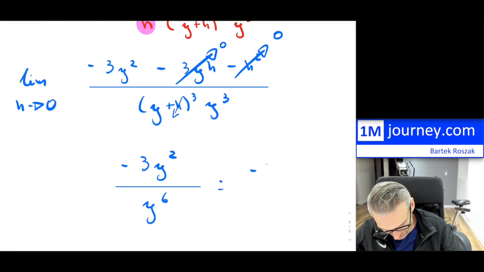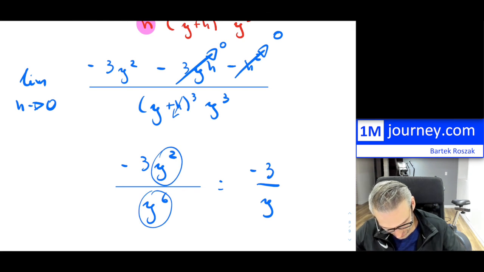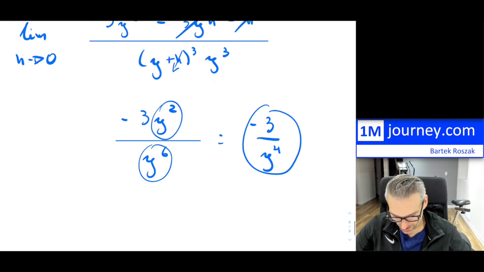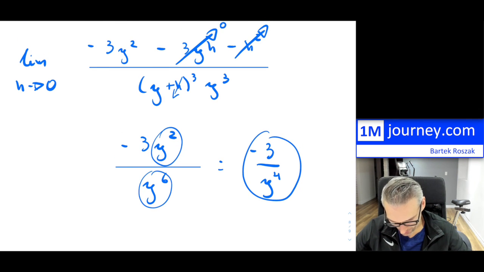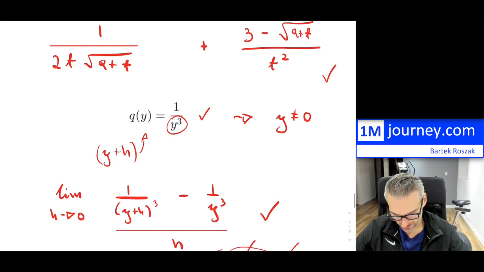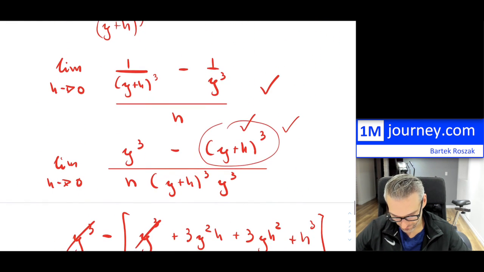So this is just negative 3 all over y. Notice this and this, by your exponent rules, this is going to be to the 4. And that's what we would get over here. So for this one, that would have been our derivative. And of course, it cannot be equal to 0, but we already said that in the beginning. So that was for this.